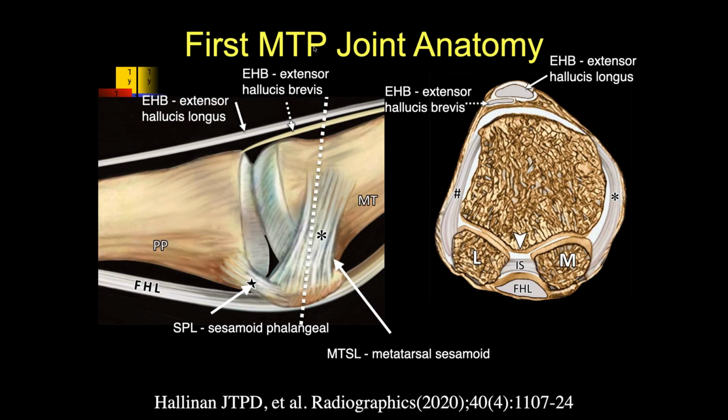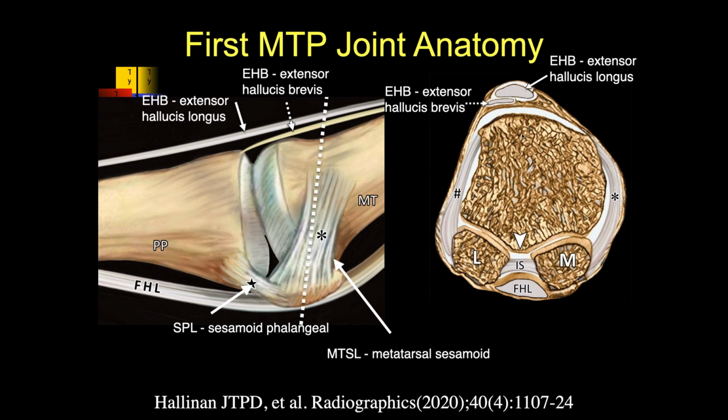So here, looking more at the gross anatomy that we would see, there's the extensor hallucis longus tendon above. There's a capsule down here. There's basically the metatarsal sesamoid ligaments, a medial and a lateral one, and the sesamoid phalangeal ligaments down here, and then the articular cartilage. And the flexor hallucis longus comes down here on the plantar side and then attaches distally, as you all know.